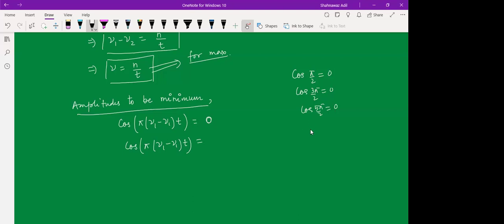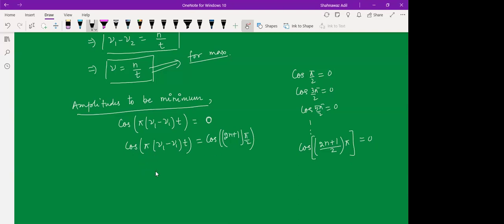So you can represent this as cos (2n plus 1) by 2 times pi. So you can write it like this, and this would give you 0. Or I can write it as (2n plus 1) pi by 2.